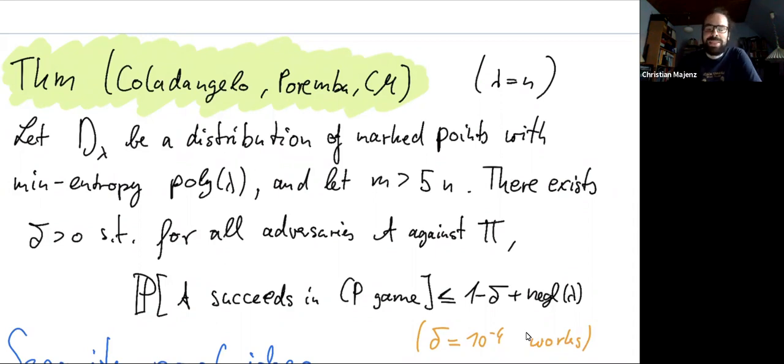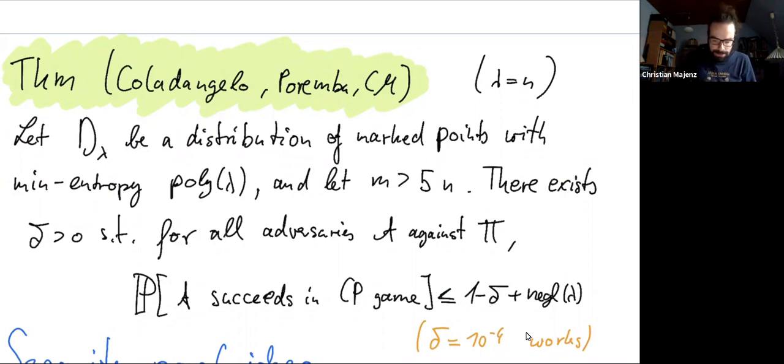So this is very weak security, right? So we say, fine, the adversary can actually copy, except that it fails with probability delta, which is small. Of course, what we would like is some exponentially small advantage here.